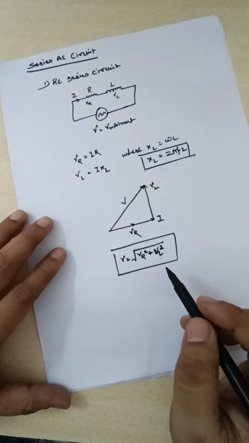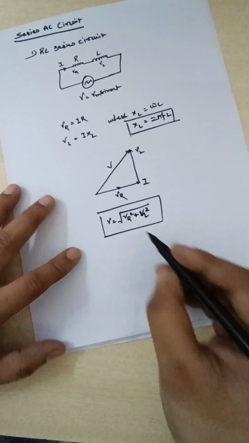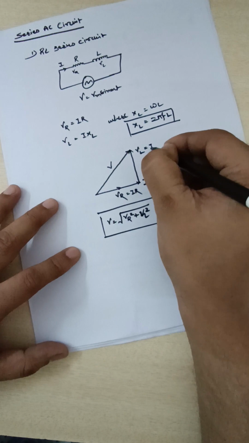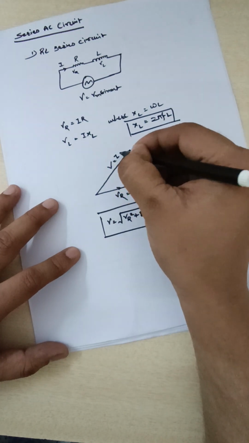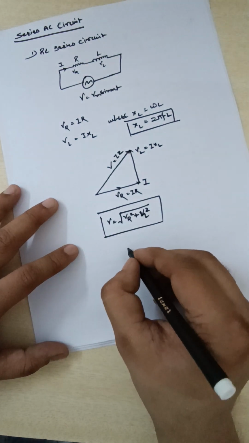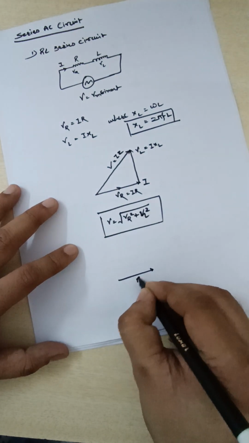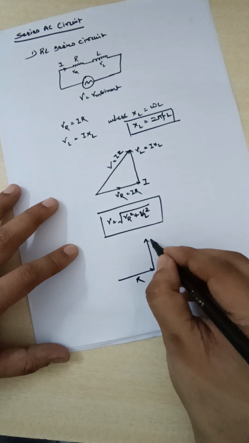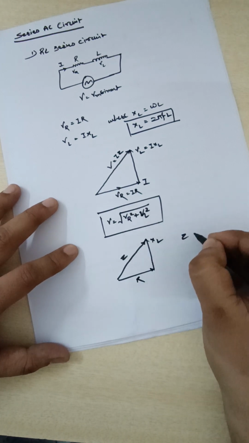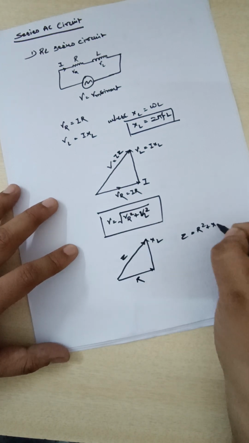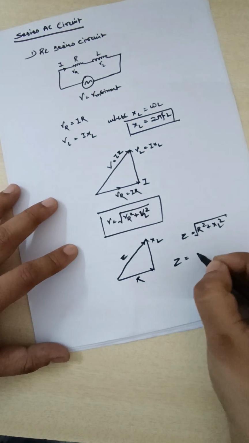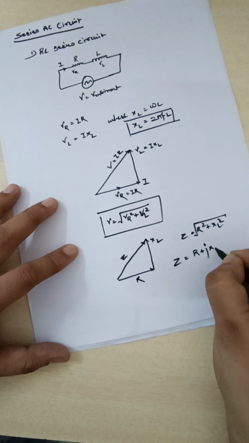Similarly, we can convert this triangle into impedance triangle, because we are having VR equal to I into R and VL equal to I into XL and V will be equal to I into Z. So on removing I, this will be R and this will be XL, and the combined phasor will be Z. So Z will be under root R square plus XL square, or in rectangular form you can write R plus J XL.